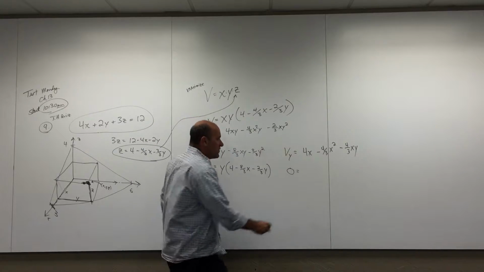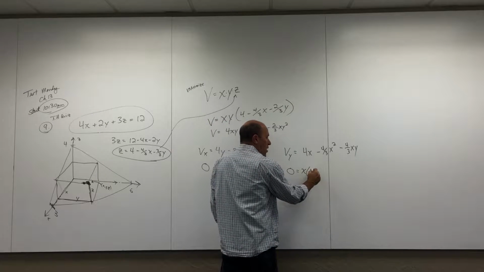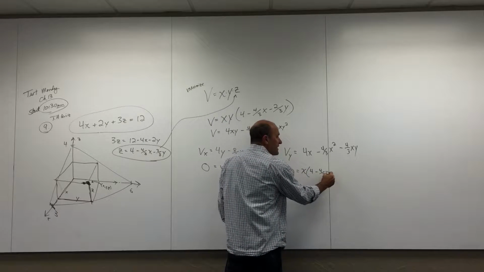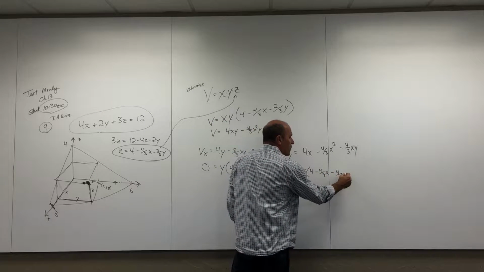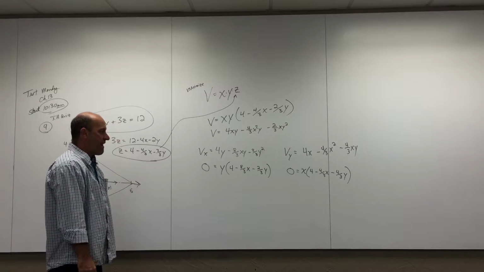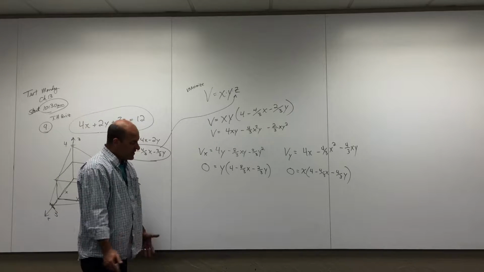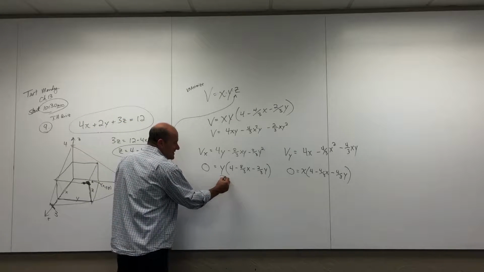On this one, you can factor out an x, leaving you 4 minus 4/3 x minus 4/3 y.